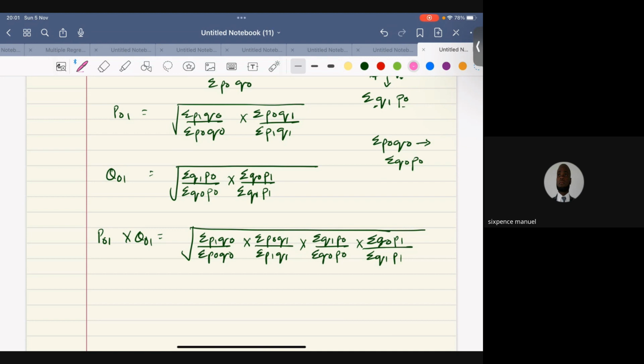Sorry, this is P0 now. There will be 4 values which will get cancelled out.